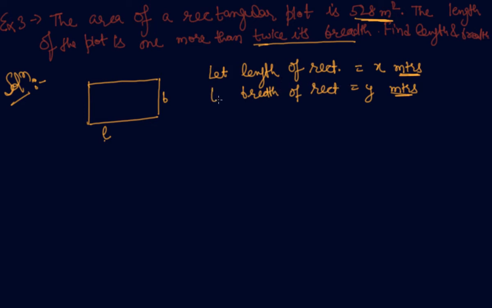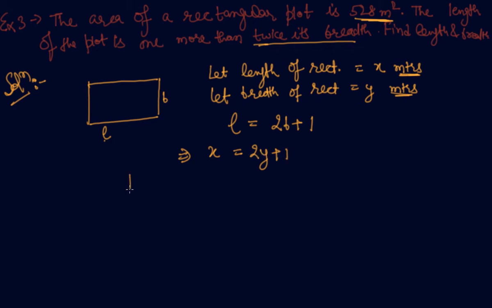Okay, so we are also given one equation, that the length of the plot is one more than twice its breadth. So length will be twice breadth plus 1. So we can put the value which we assumed: x will be 2y plus 1.